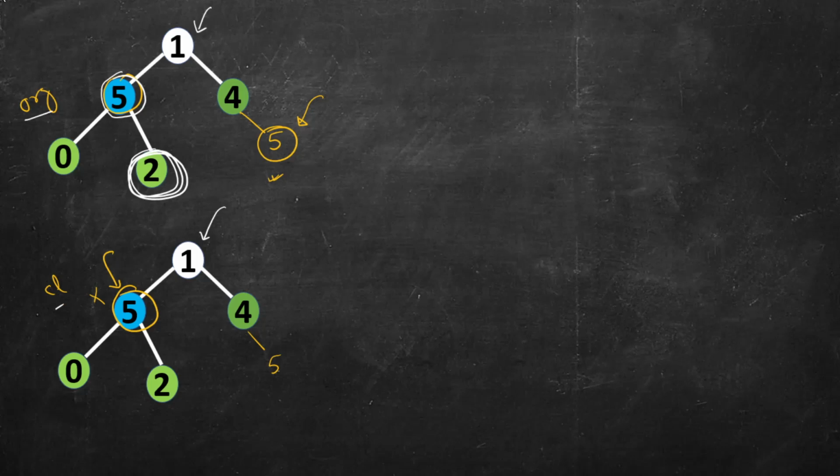At the same time, we compare if this node matches with the target we are given. If it doesn't match, then we traverse the left part, and again we reach here, and in the clone also we reach here. We again compare the current node with the target. If it matches, we return, otherwise we keep on traversing.